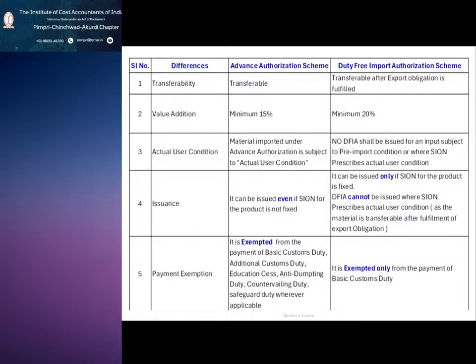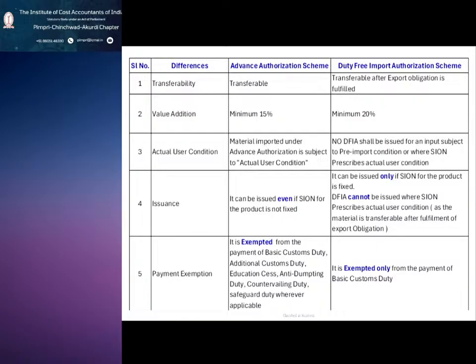So here the issuance does not require SION, but duty free import authorization can be issued only if SION is fixed. This is the difference, very important here. DFIA cannot be issued where SION prescribes actual user condition, as the material is transferable after the fulfillment of export obligation.